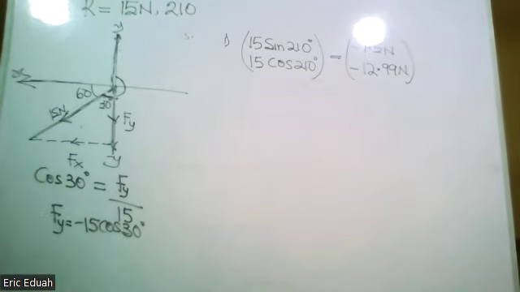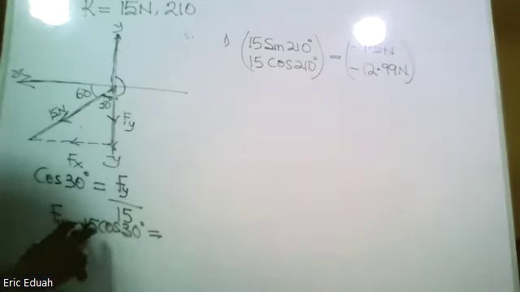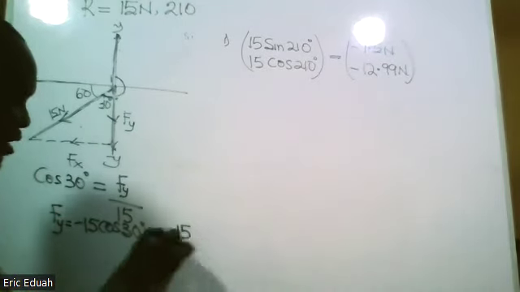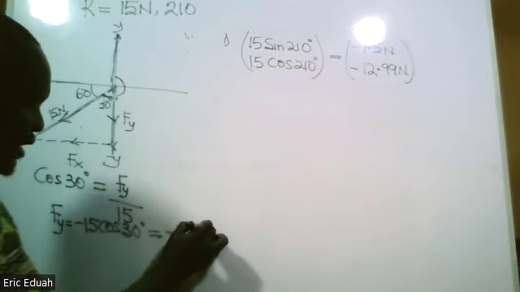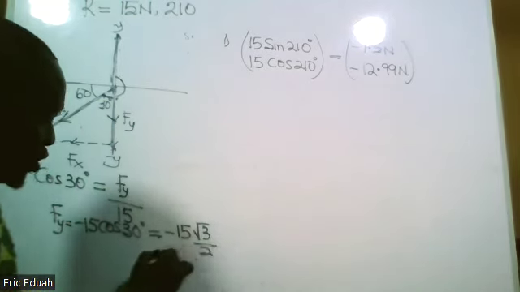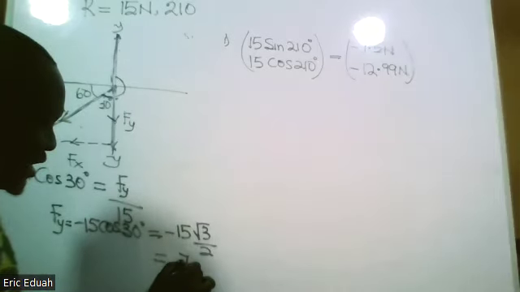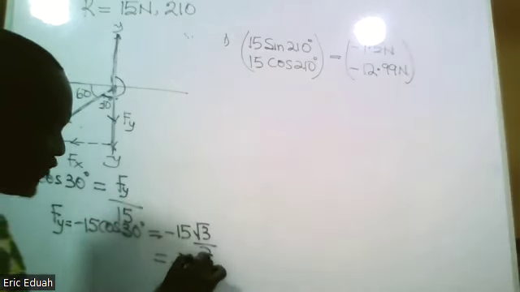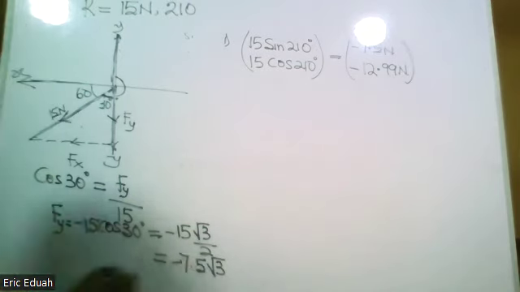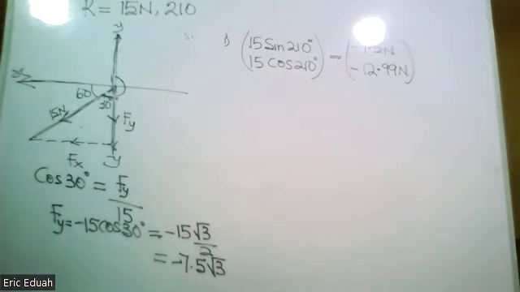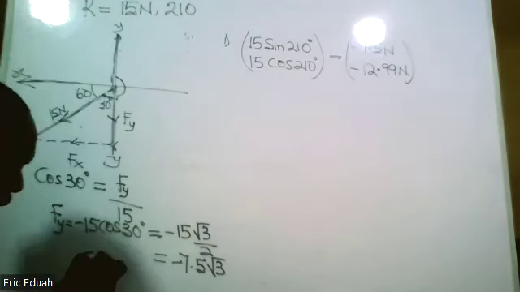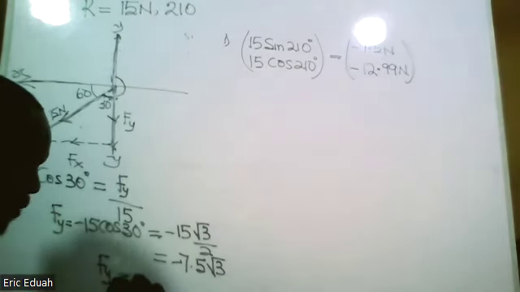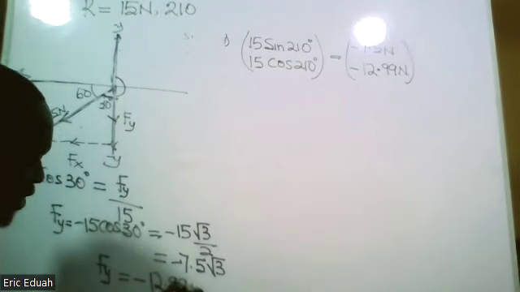Negative. So Fy is minus 15 cos 30, which is root of 3 on 2. So I have minus 7.5 root of 3. And what is minus 7.5 times root 3? 12.99. Good. So Fy is equal to minus 12.99 Newton.